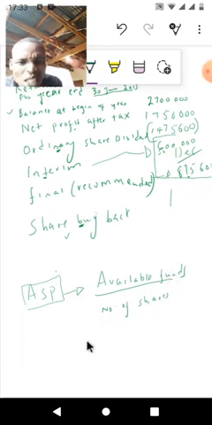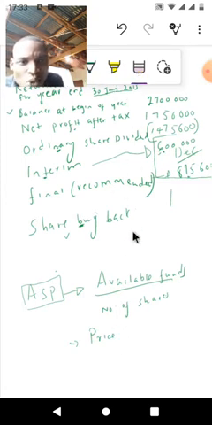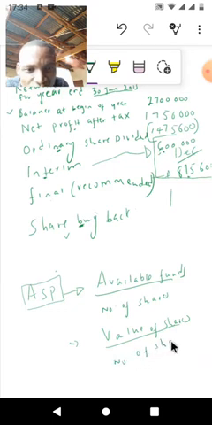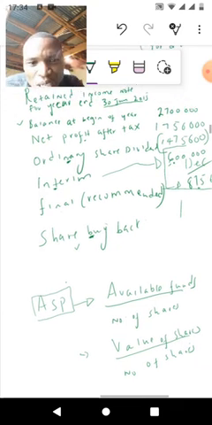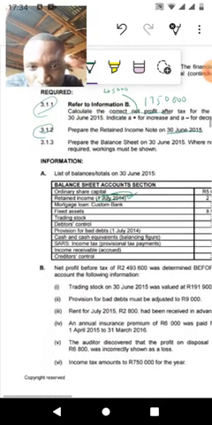I want you to see it in this way: the value of shares divided by number of shares. So let's go to the question and calculate average share price. Let's see what we were supposed to do in this case.